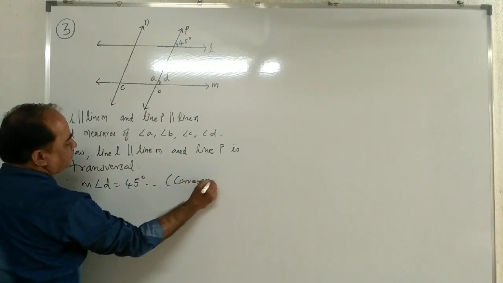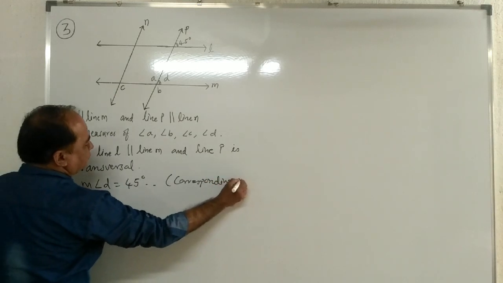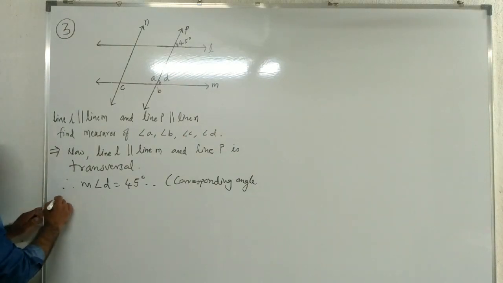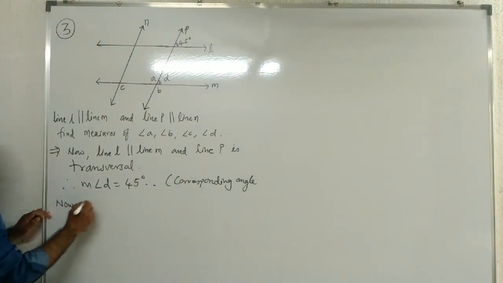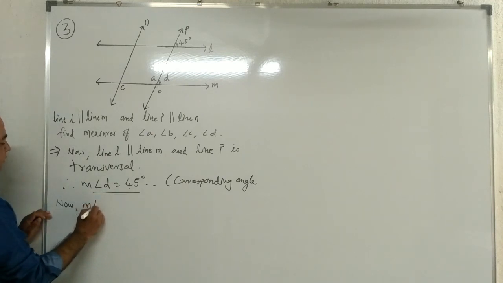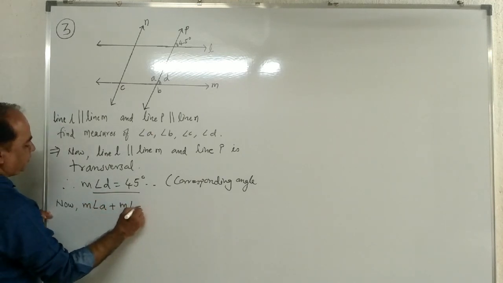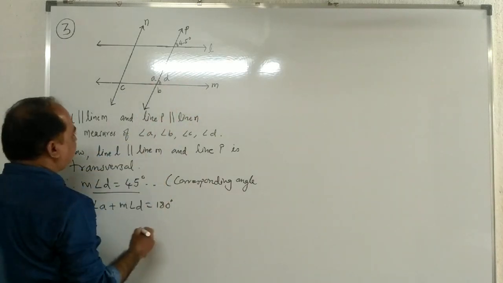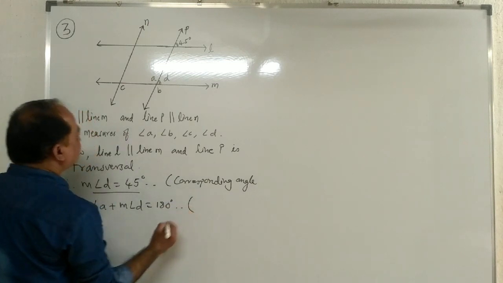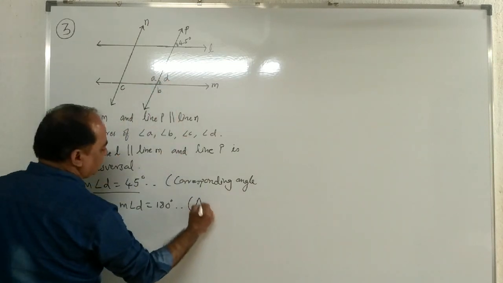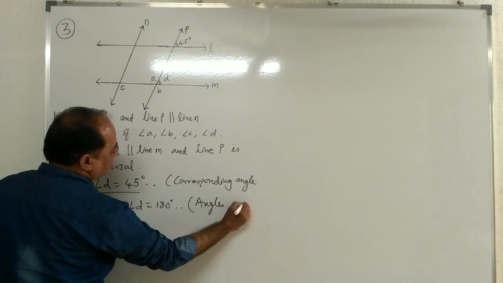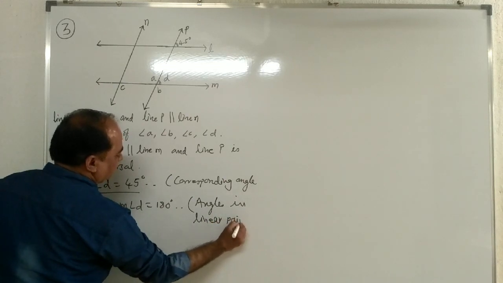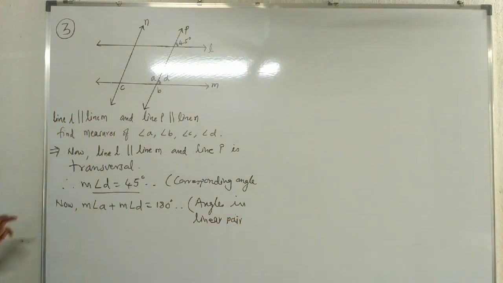Corresponding angles are congruent. Now, measure of angle A plus measure of angle D is equal to 180 degrees. Angles in a straight line, that is angles in linear pair: the sum of the measures of angles in linear pair is 180 degrees.